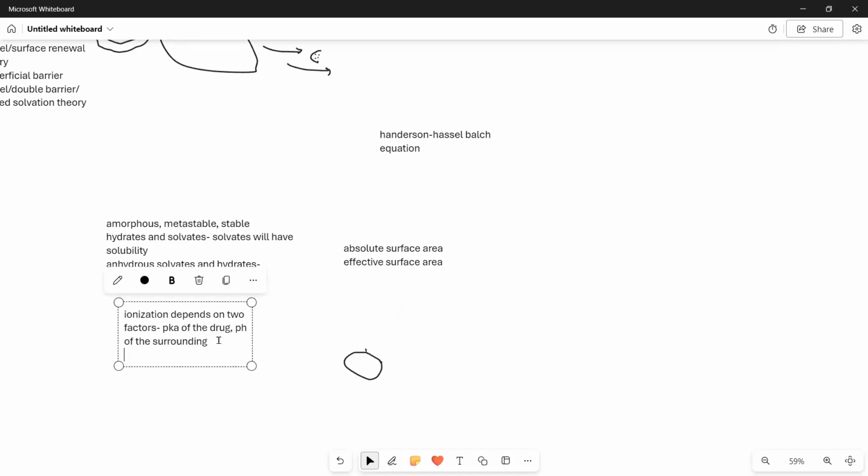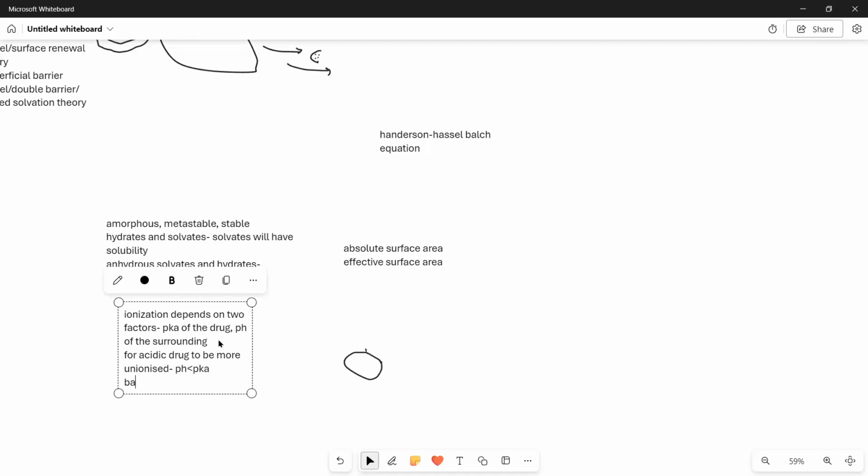So an important relationship: for an acidic drug, for maximum unionization, the pH should be less than the drug's pKa.